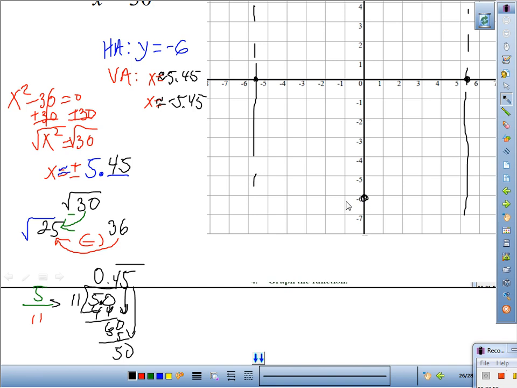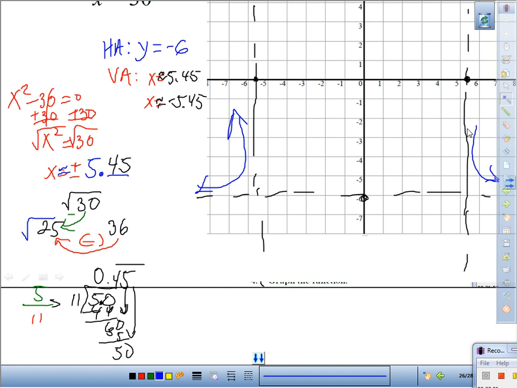Negative 6 is right there. So my function is right there. And we got that by yourself? Okay, good. You got this, yes?